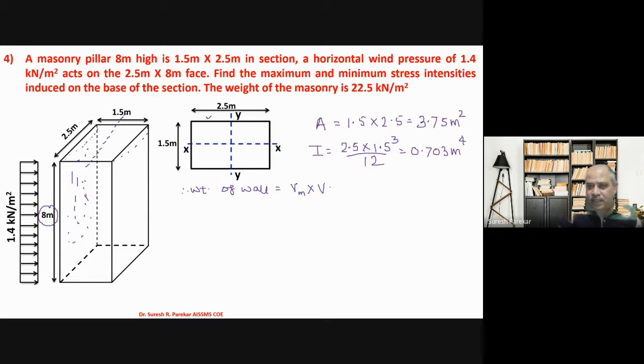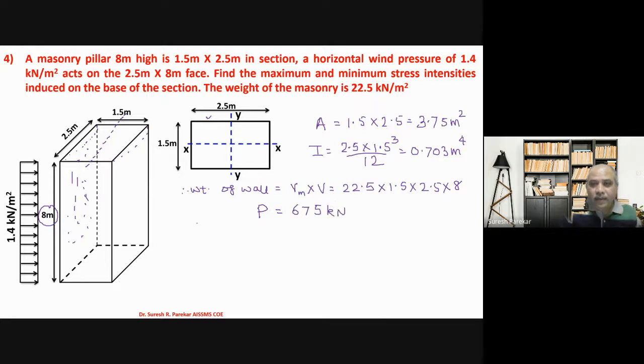Intensity of machinery is given 22.5, that is unit weight of machinery, into volume we have 1.5 into 2.5 into 8. This is our value of P, so P is equal to 675 kilonewtons.